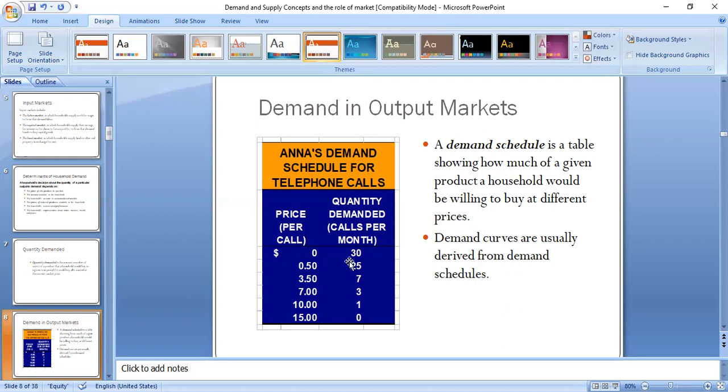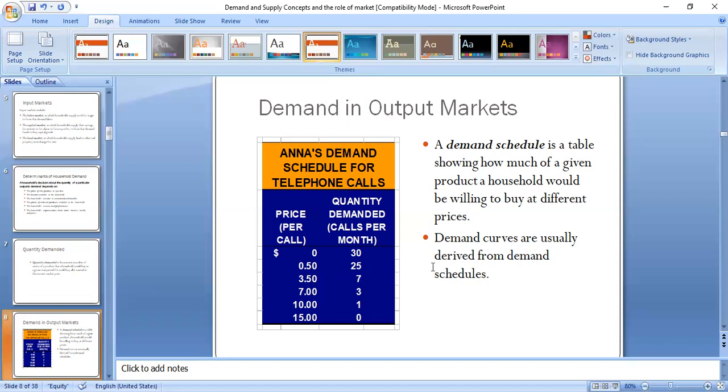For example, in this demand schedule, which is Anna's demand schedule for telephone calls, at $0.5 Anna makes 25 calls, and at $3.5 Anna makes 7 calls.